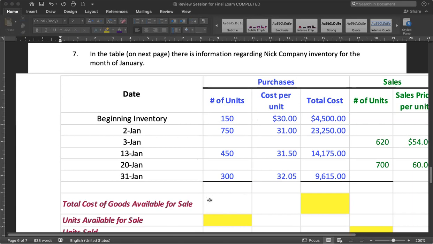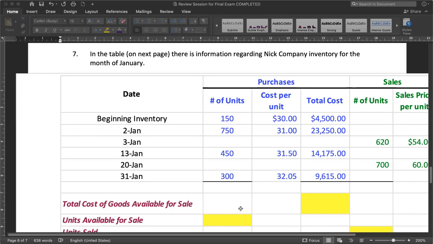Then we also have 700 units. Now, note here that 700, well, we can get 450 of them from the most recent purchase of units, but that's not going to be quite 700.